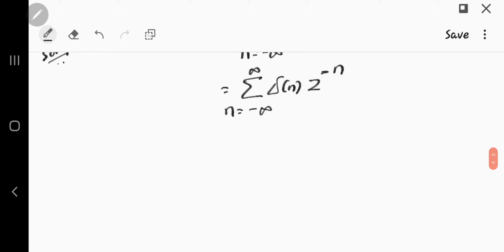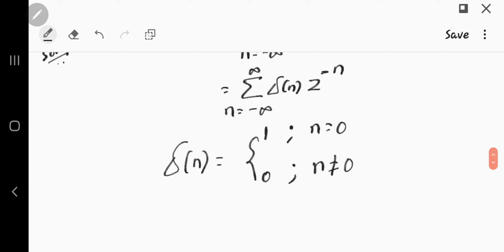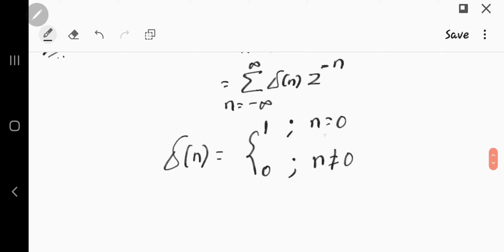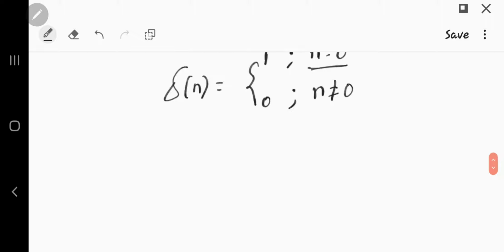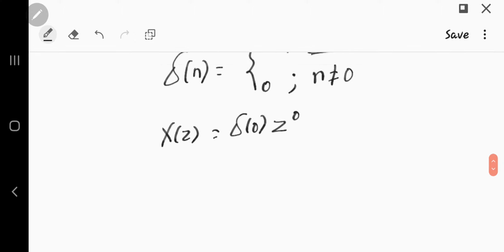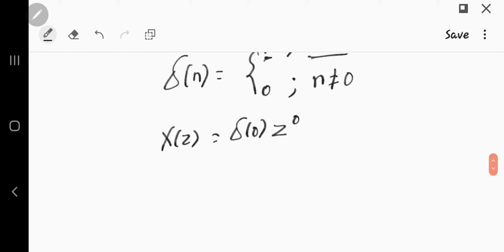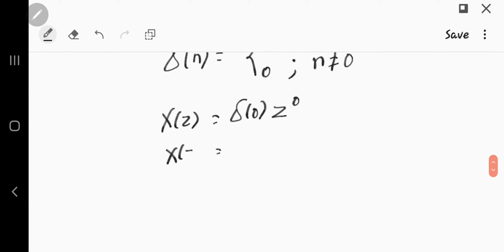From the definition of delta n, that is the impulse function, delta n is equal to 1 for n equal to 0, and it is 0 for n not equal to 0. So that means it is present only for n equal to 0, which means only at the origin. Therefore our x of z is equal to delta 0, only at the origin, z to the power of 0. Z to the power of 0 is 1, and at delta 0 the value of the signal is 1. So x of z is equal to 1.